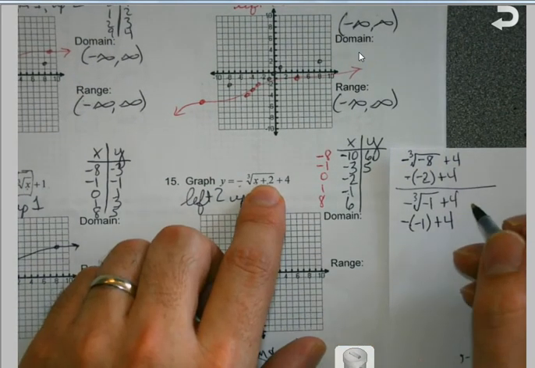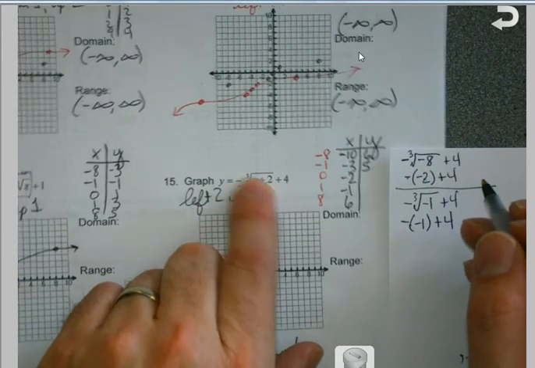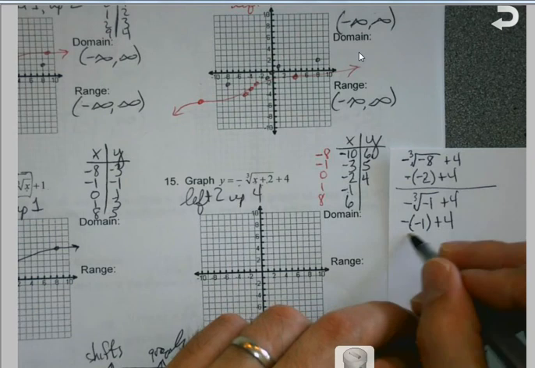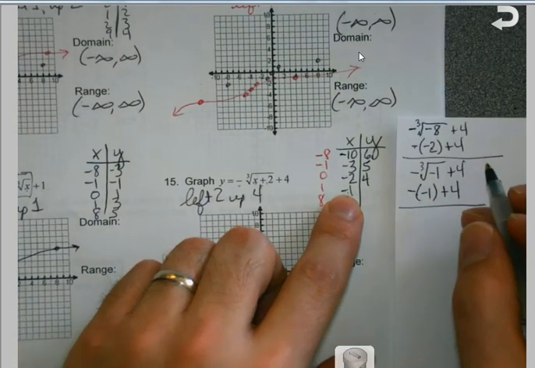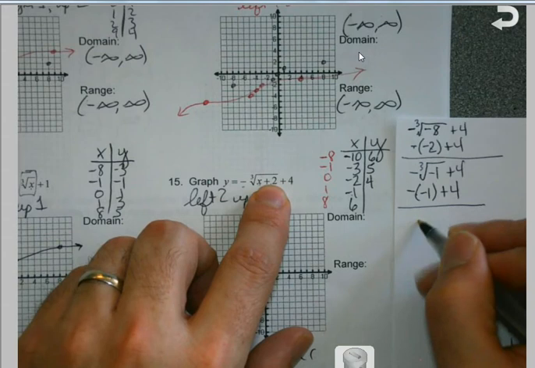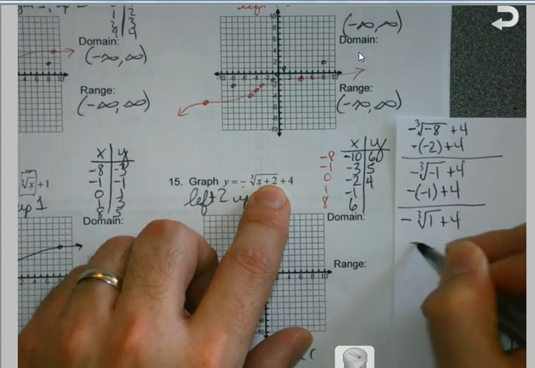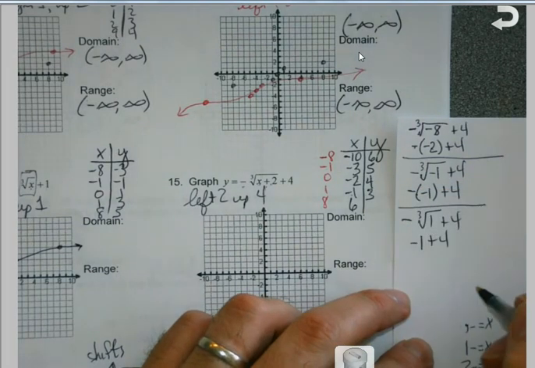0, I love 0, because it makes things wonderful. So if I plug in the negative 2, it makes it 0. So that'd just be 4. And I would keep doing these little side work things. So if I plug in the negative 1 there, negative 1 plus 2 is 1, the cubed root of 1 would be 1, but it'd be negative 1 plus 4, which would be 3.